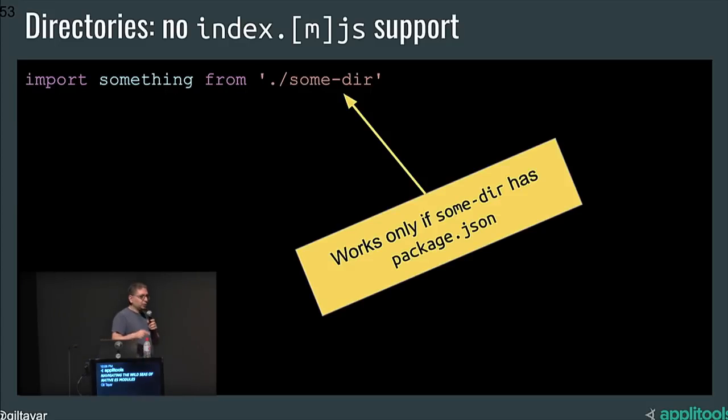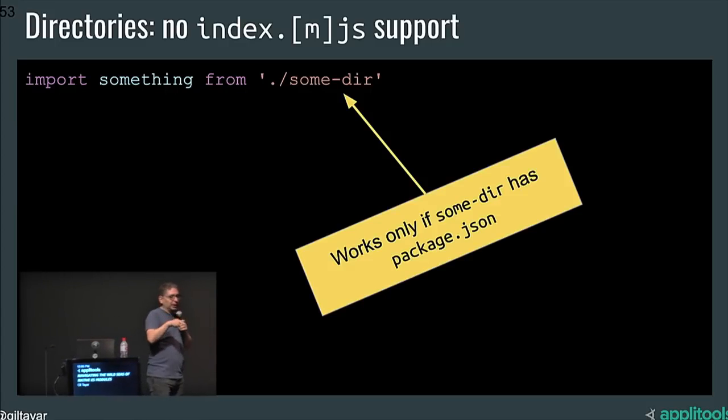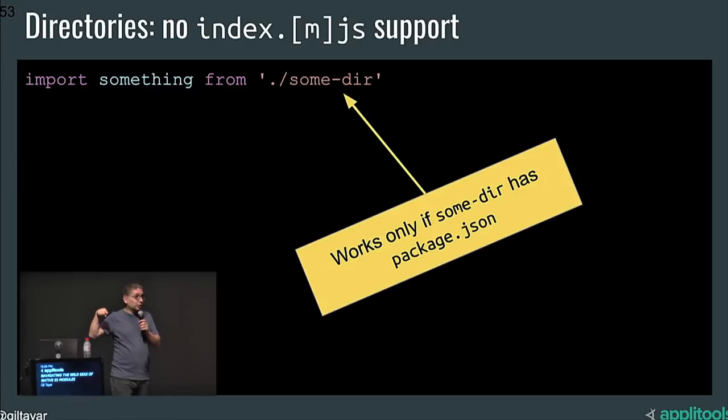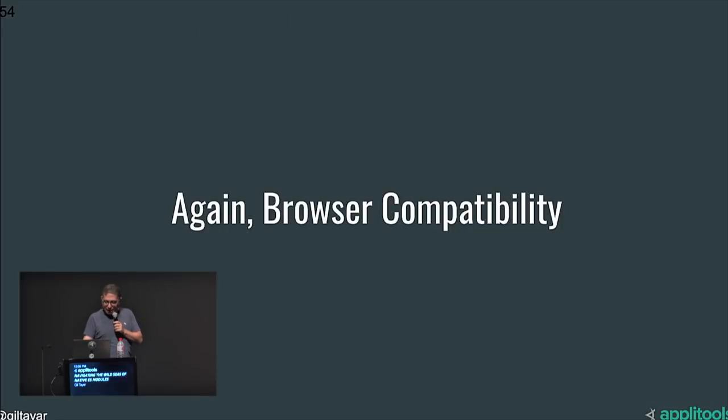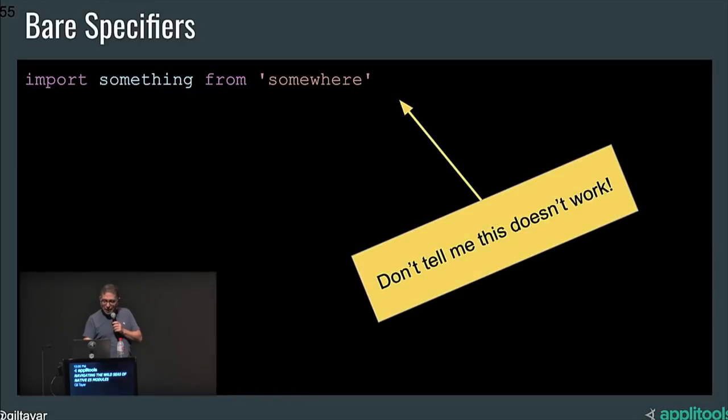In CommonJS, and in Webpack, we can do something like import something and specify a directory. Okay? This doesn't work anymore. If we have index.js or index.mjs, that doesn't work anymore. It works only if some dir has a package.json. Again, browser compatibility. And this is bare specifiers.